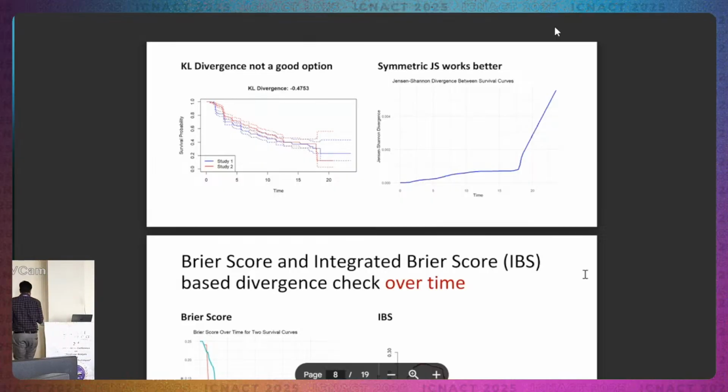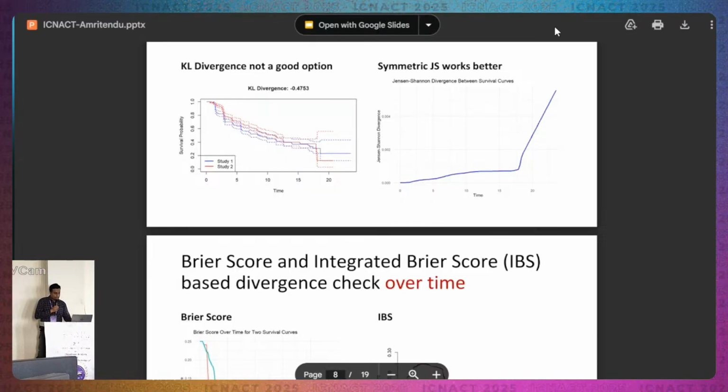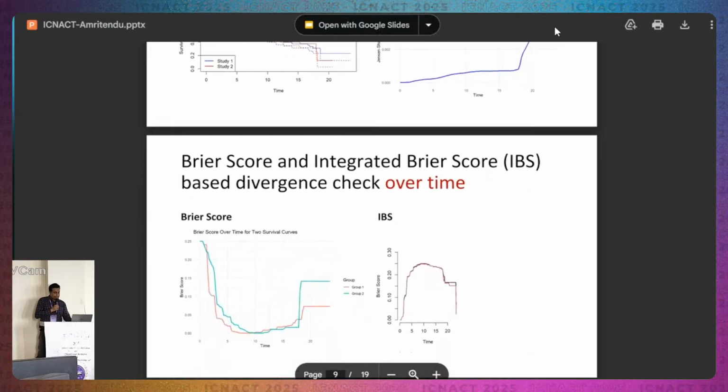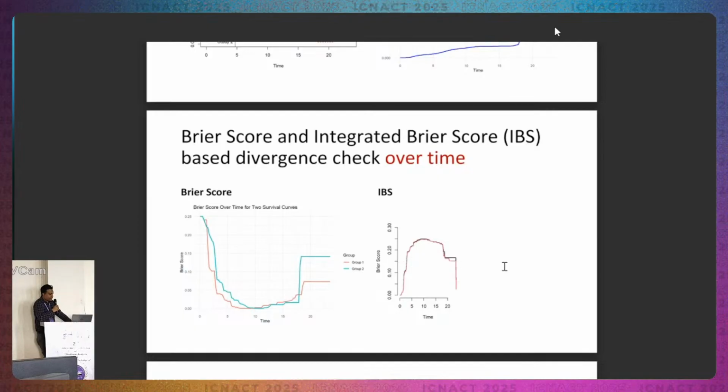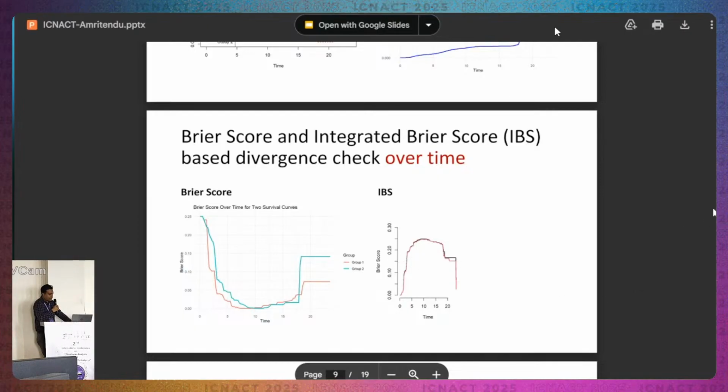But if we see the Brier score based data, we see that over the entire period of 20 months, there is a close match, say from 2 months to 16 months in the area here. And this is the integrated score, which also gave a good understanding of how closely they are matching over time.